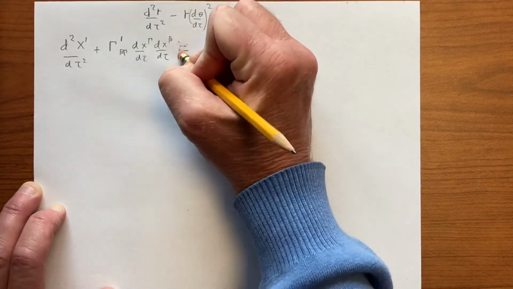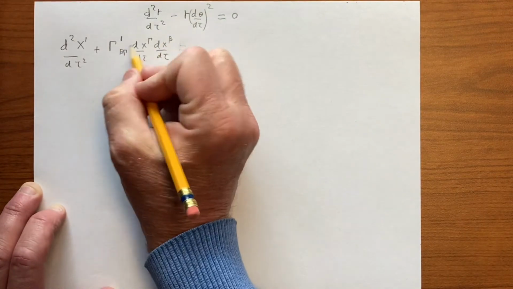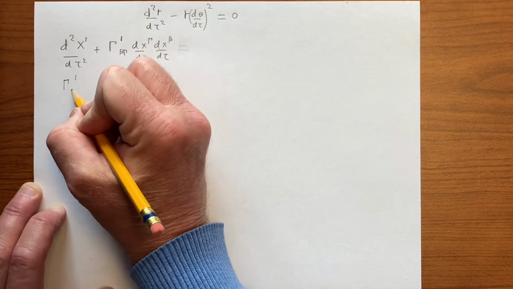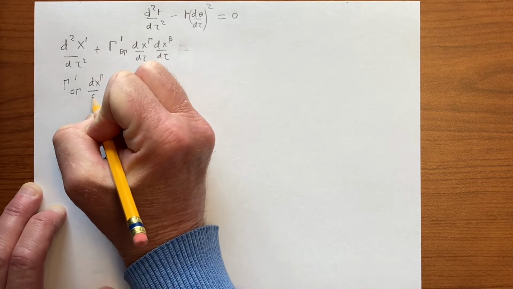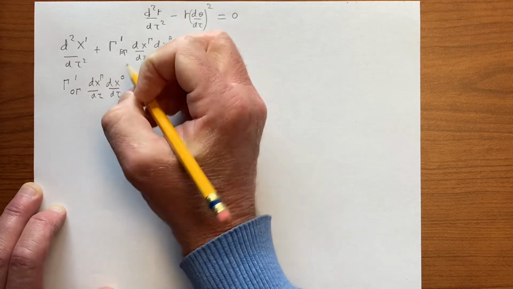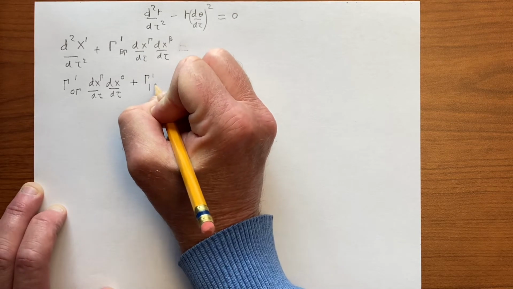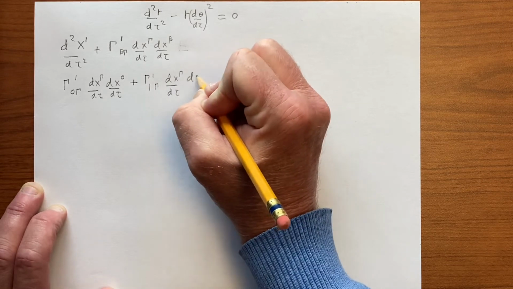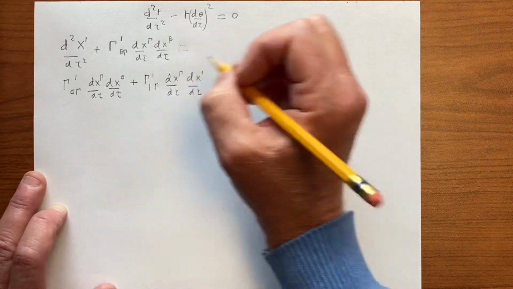well, let's evaluate the individual connections now. So we have Γ¹_{γ0} dx^γ/dτ dx⁰/dτ there, plus, now we have 1 here, and so we have 1 there. And now we have to sum on gamma.